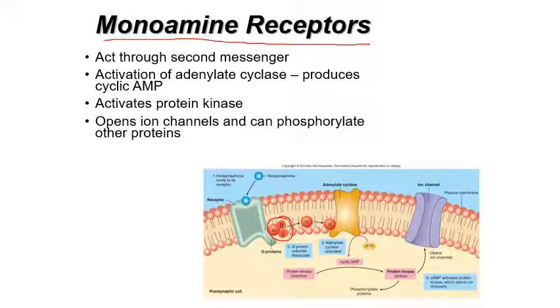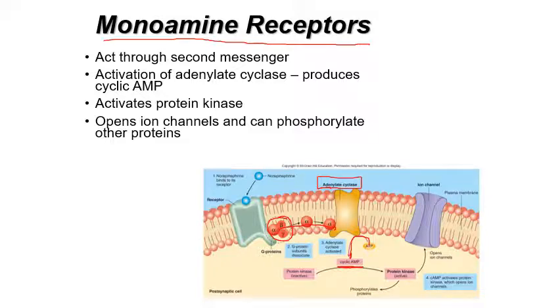So in this case, we're not specifically opening an ion channel. What these G proteins are doing is activating an enzyme. All right, we will see this later, adenylate cyclase. This is an enzyme that converts ATP into cyclic AMP, which is called a second messenger. We're going to go into more detail when we look at cell signaling in the next lecture.